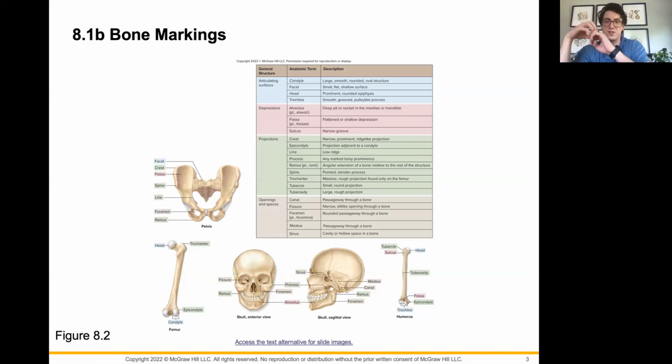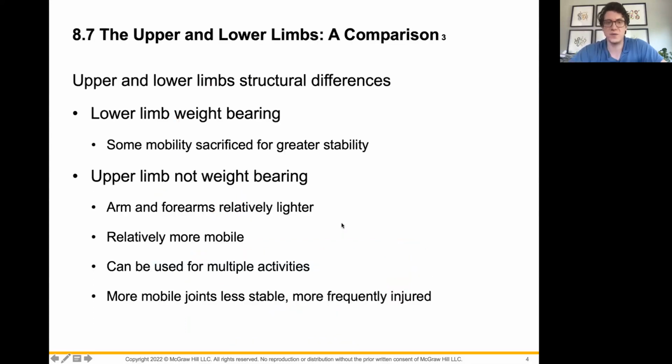Okay, so these are going to be very important for us attaching muscles. So whenever you see a tuberosity, the question you need to be asking yourself is like, okay, what is attaching here? And sometimes it'll actually tell you, it'll be part of the name. For instance, this tuberosity here on the humerus is the deltoid tuberosity. So it tells you that the deltoid is what is going to be attaching there. So just kind of refresh your memory on all of those things.